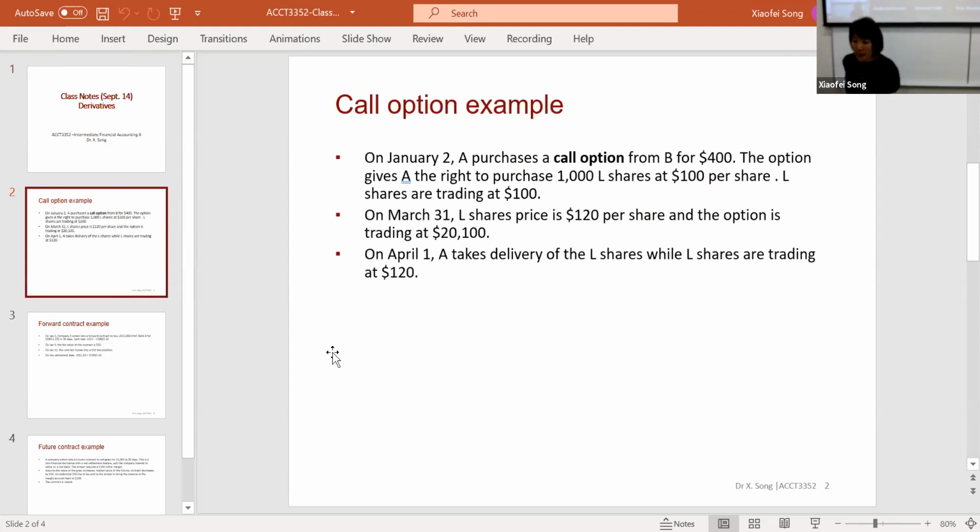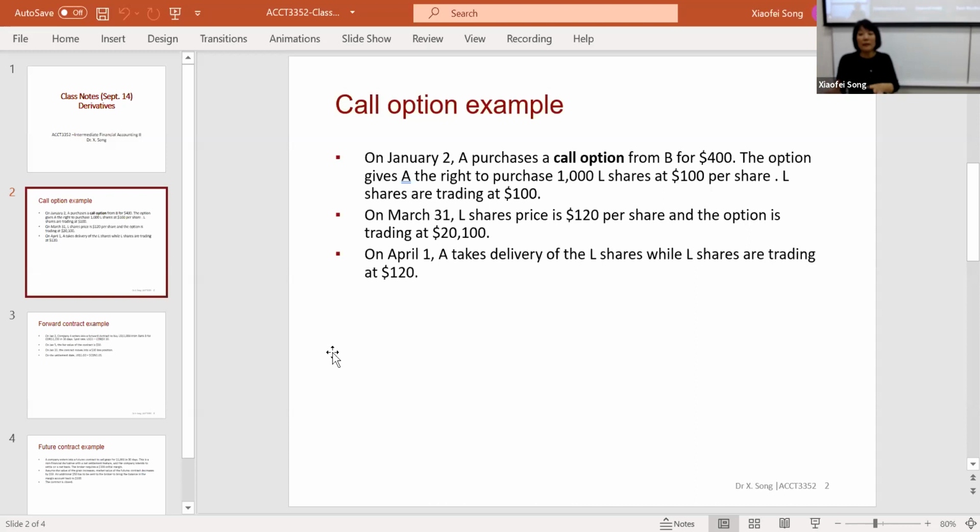On January 2nd, company A purchases a call option from B for $400. The option gives A the right to purchase 1,000 L shares at $100 per share. L shares are trading at $100 on January 2nd.